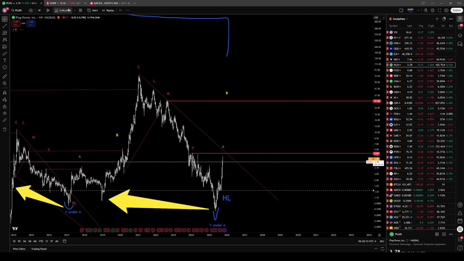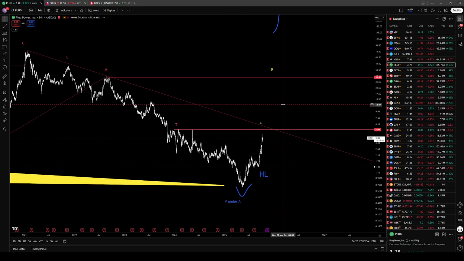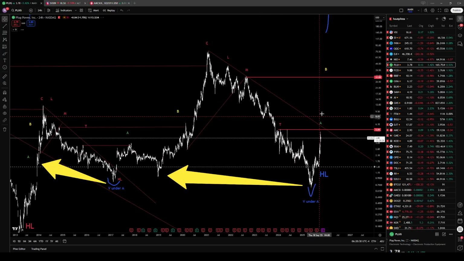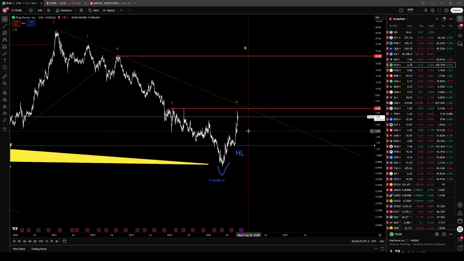For breaking targets, to get confirmation: if Plug is breaking over, let's say, $6-7, that is the bullish tracking, in my opinion.